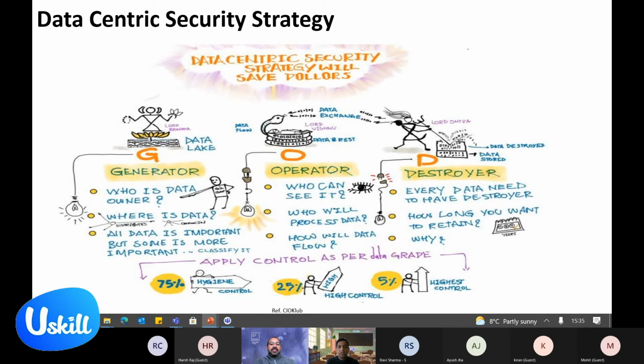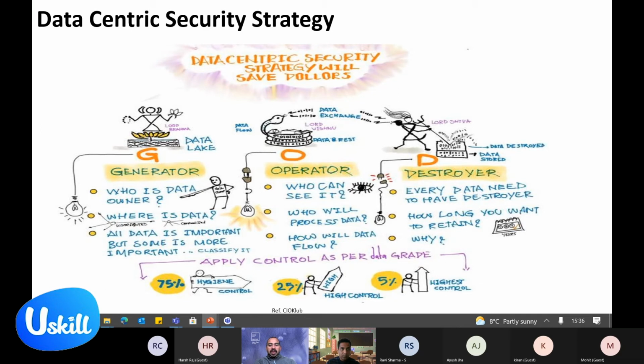So somebody comes and creates the data. I can give you one example. Let's say a UK organization is collecting its customers' data and keeping that data onto the cloud. Now the cloud is holding that data, but the ultimate responsibility will still remain with the organization that is collecting the data.